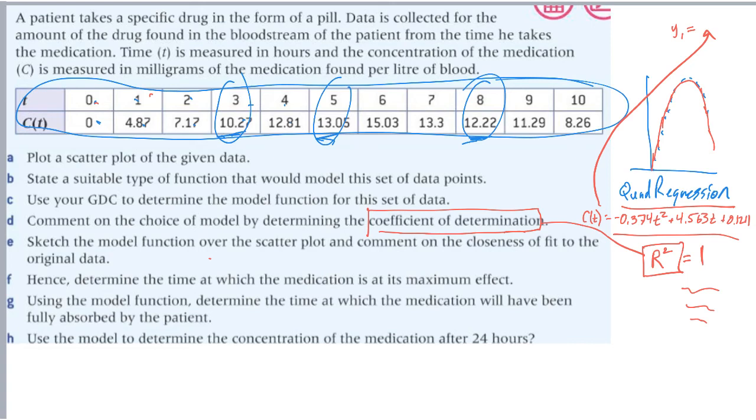All right. The next part, F, says, hence determine the time at which the medication is at its maximum effect. Well, maximum effect should be the maximum concentration, we're going to assume. And that's going to be this point right here, which is the vertex. Once you put this graph into your calculator, you should be able to go into analyze graph and choose the max, and that should allow you to get this point right here.